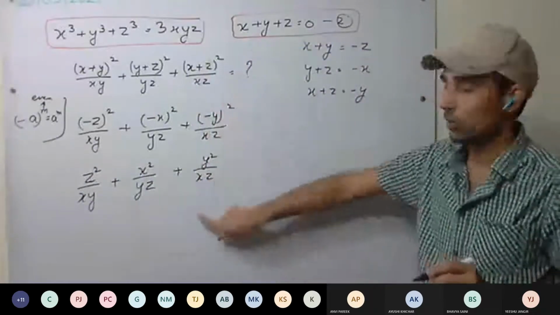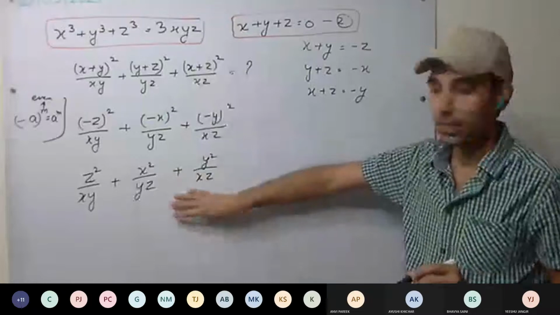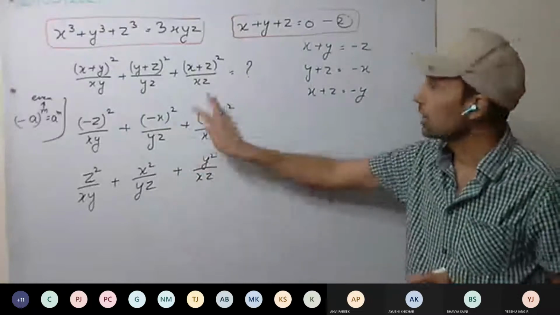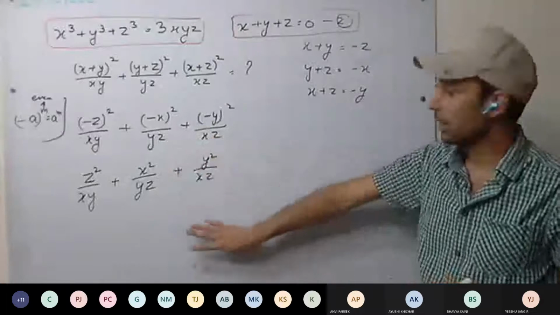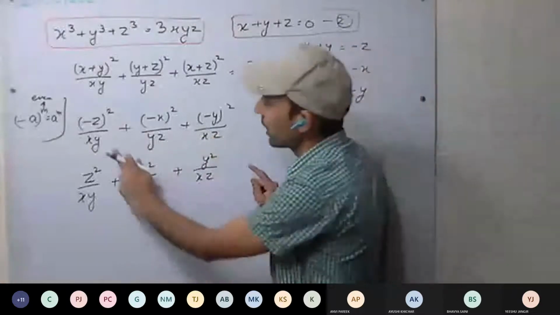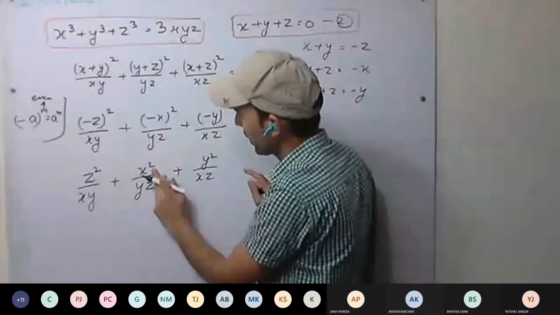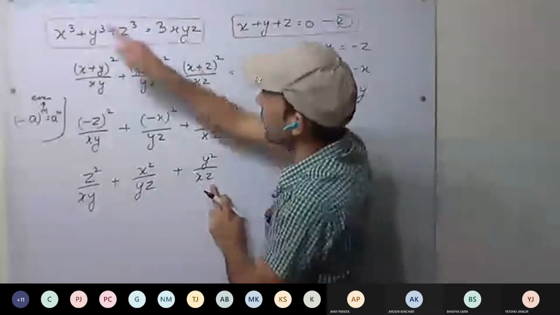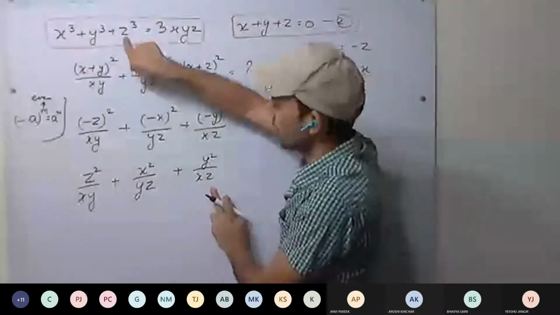You must pay attention to this one because the whole exercise we are going to make use of it. A little variation will be there, but this is the basic. Taking the common denominator, z square x square y square upon xy yz xz. See here, it is x cube y cube z cube.